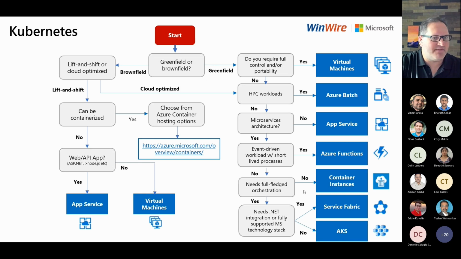greenfield, brownfield, then we go from there, is it containerized? Obviously, to be Kubernetes efficient and proficient, we're always in container land, so we want to make sure that works. But at the end of the day, we want to really think about Kubernetes in terms of an organization-wide solution, right?